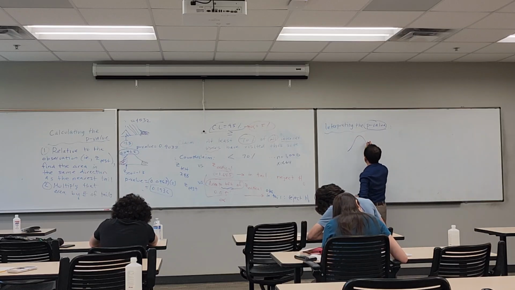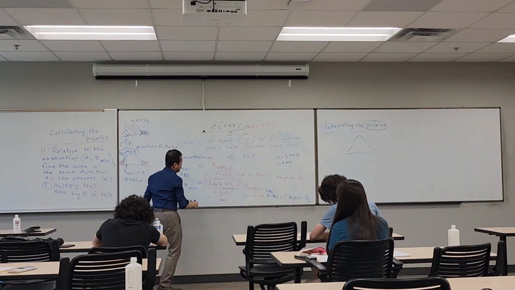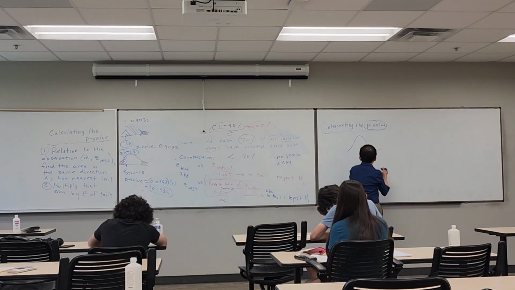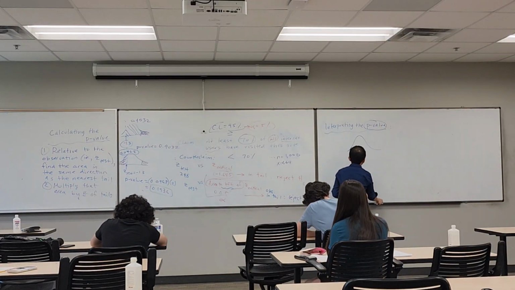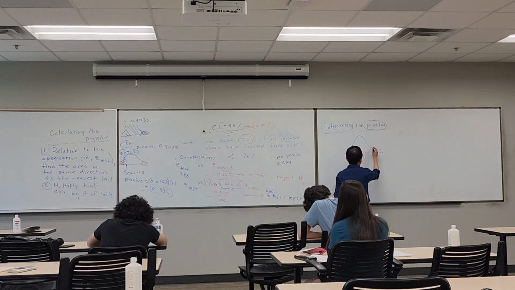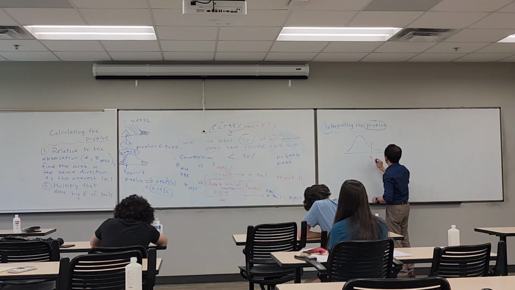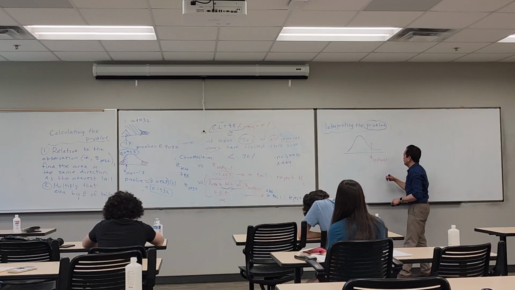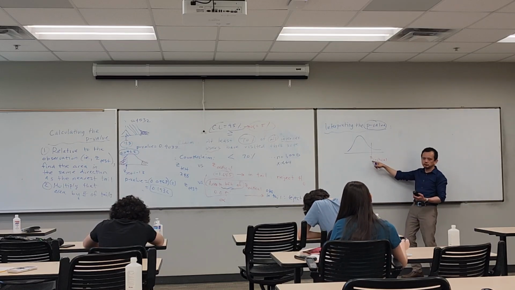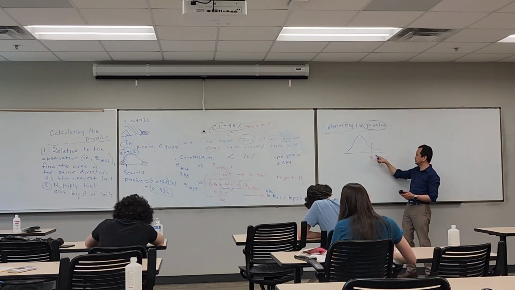So if you look at this picture, we know that Z critical is where the tail starts, and we're gonna have an area relative to Z critical, that'll be the tail, that'll be alpha.